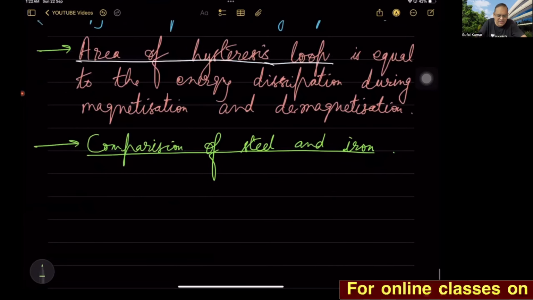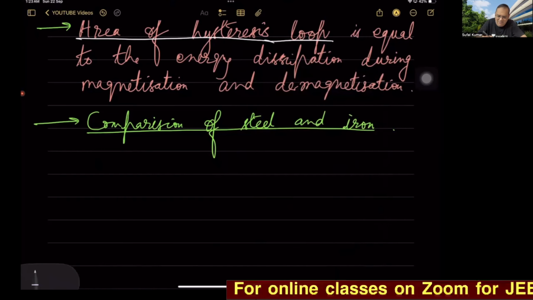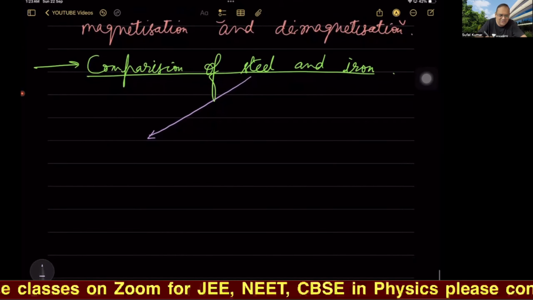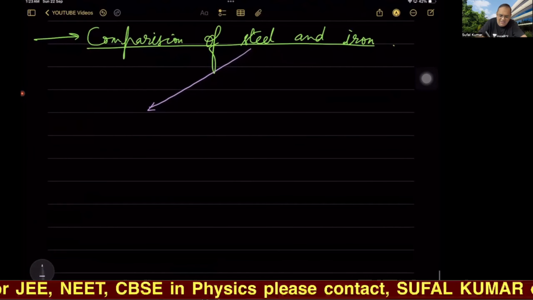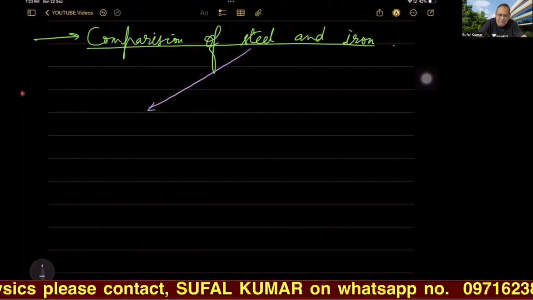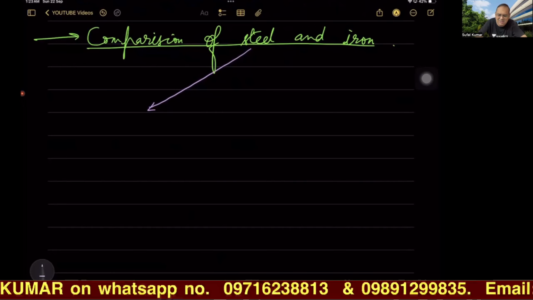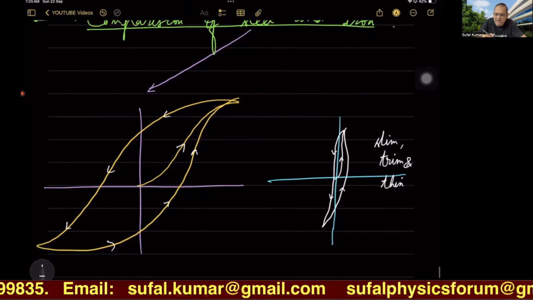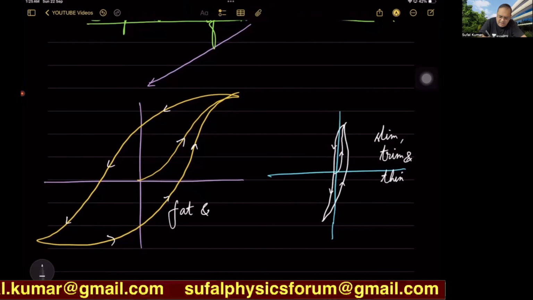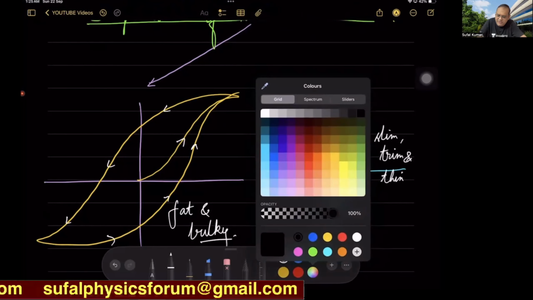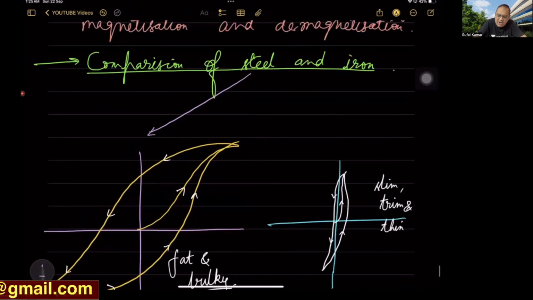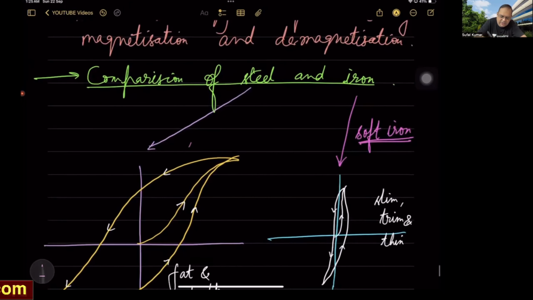Now very interesting, steel will have a fat and bulky hysteresis loop. Why? And iron will have a very thin, slim and trim one. What's the significance behind this? Fat and bulky, what's the significance? Mu for soft iron, and this is steel.